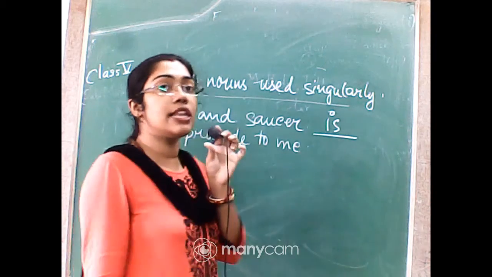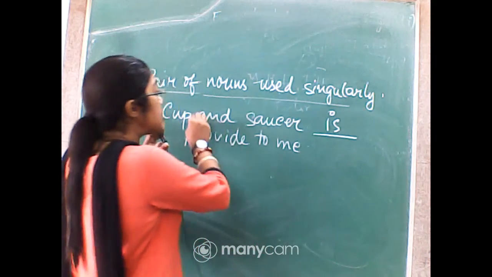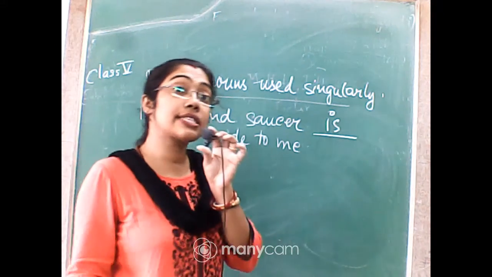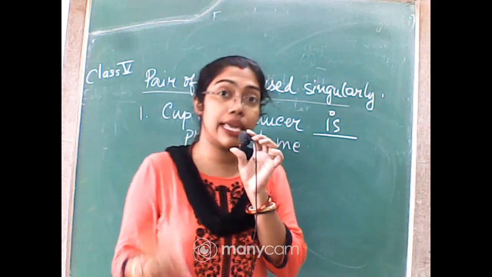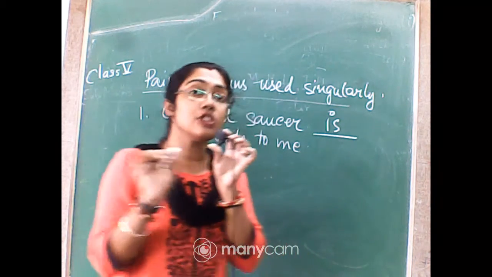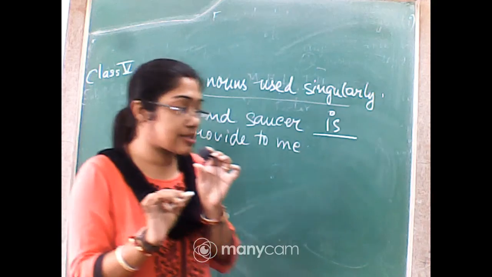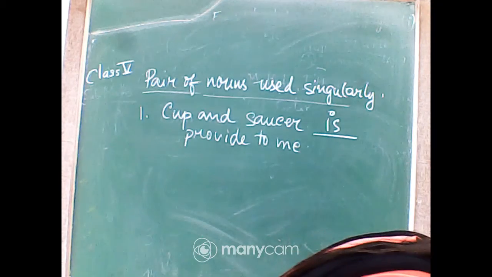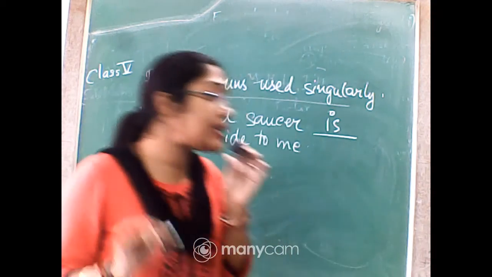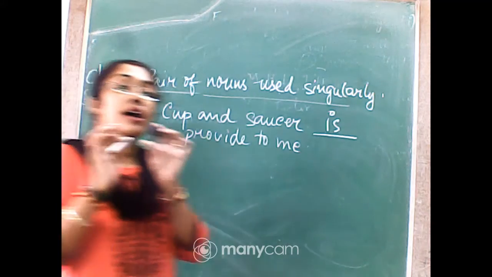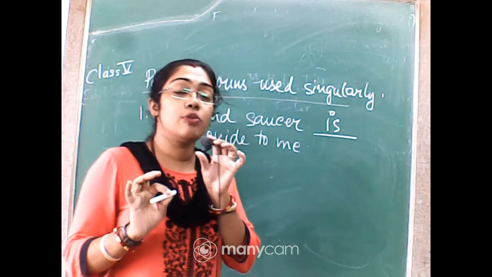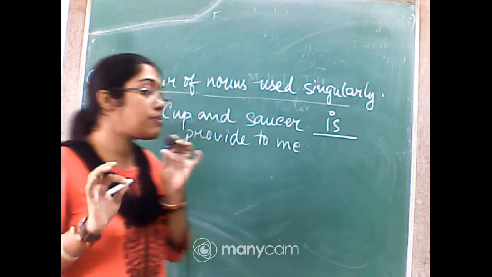Now here I am telling one more point. If it is cups and saucers, with the S used, yes, you have to write it down in your copy, because these are not given in your book. It's for your extra information, I'm telling you again.